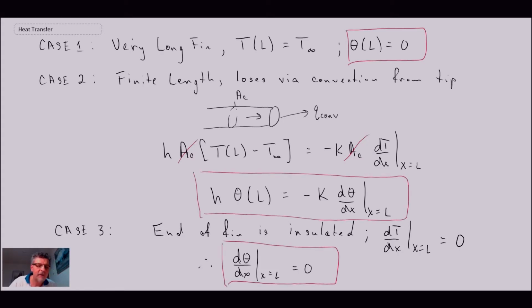So what you can do is take these and plug them into the solution that we had from the fin equation. And there is one other boundary condition that I forgot to mention before we go to determining C1 and C2. The other boundary condition is what is happening at the base of the fin.